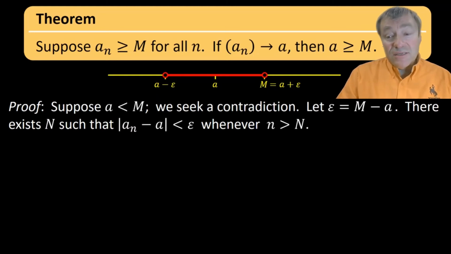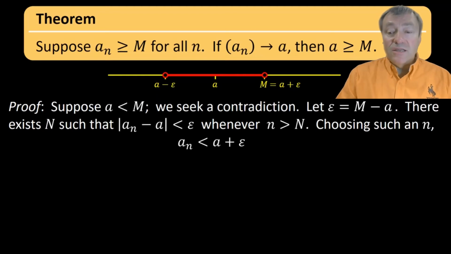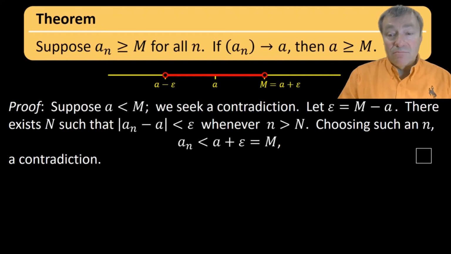So there's some capital N such that for all little n bigger than capital N, the terms of our sequence are all within epsilon of a. For all such little n bigger than capital N, a sub n is less than a plus epsilon. But that's the same as m. And now that contradicts all terms being greater than m. The contradiction completes our proof.